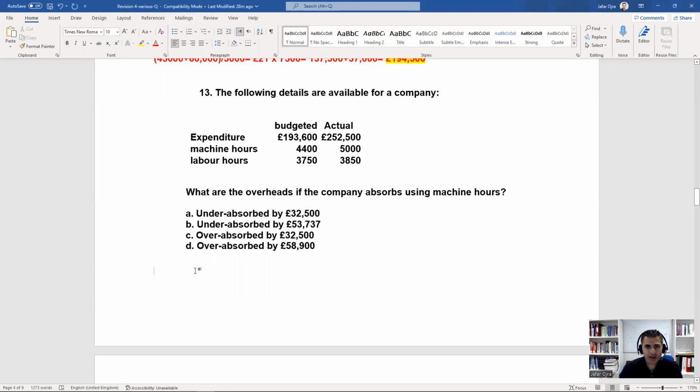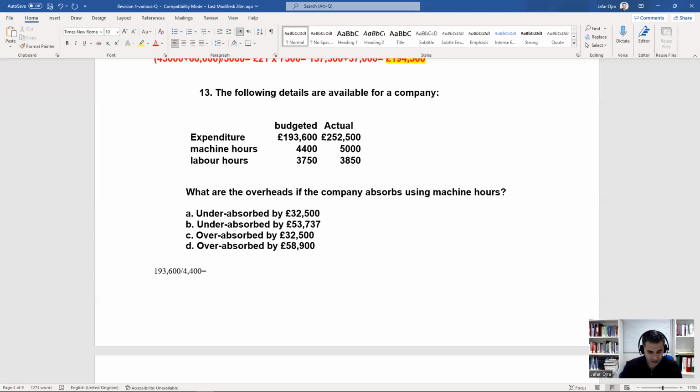If we follow the same steps, 193,600 divided by 4,400.